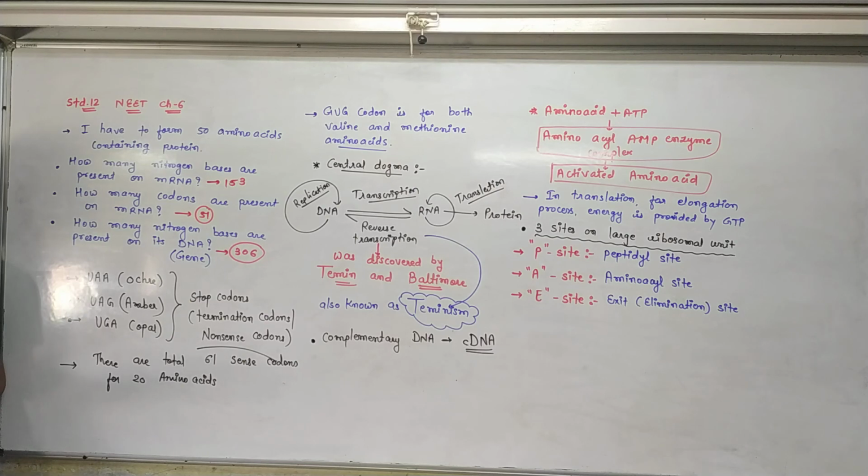Okay, and the A site, amino acid site, means from where the charged tRNA, means aminoacyl tRNA, means the specific tRNA carrying the specific amino acid, comes towards the mRNA.